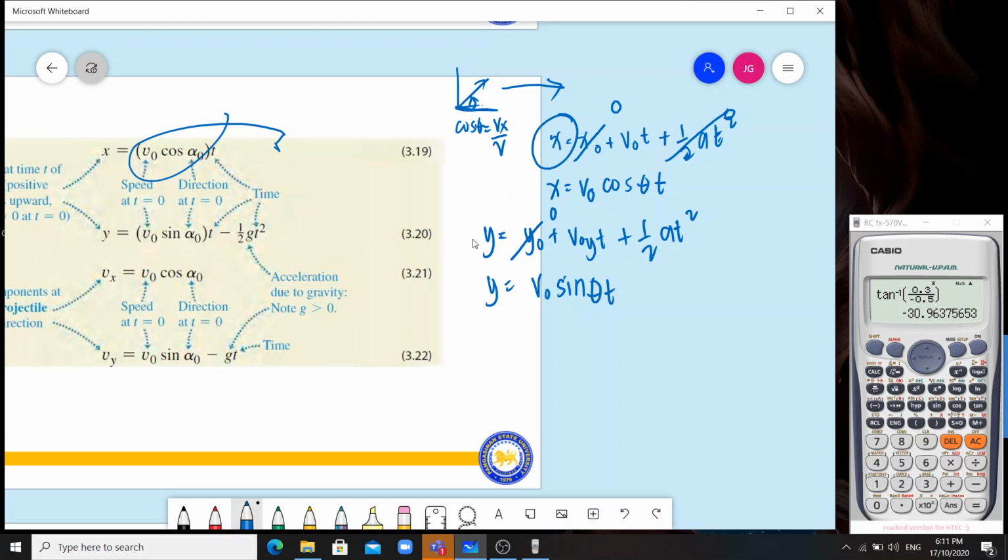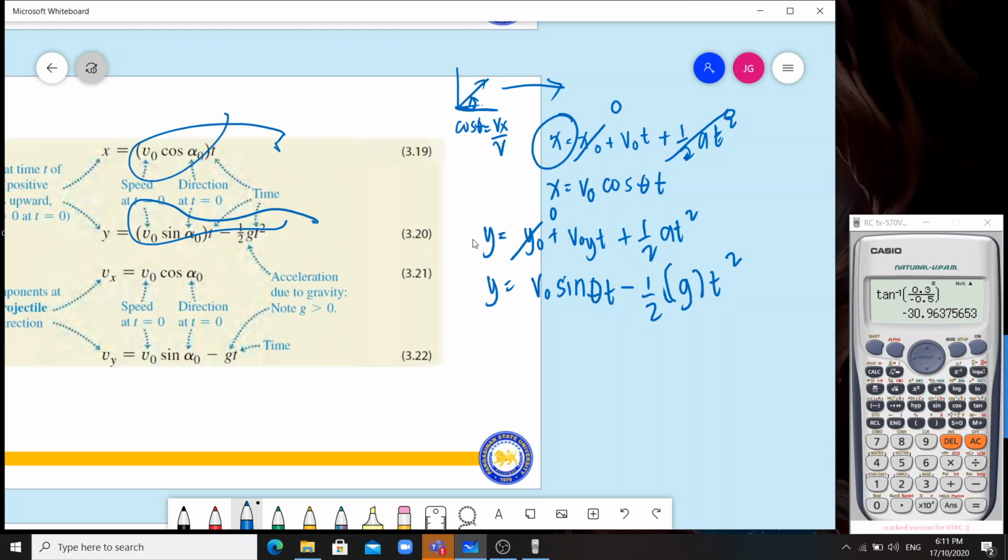And then, acceleration natin, meron, that is the gravity, which is negative 9.8 meter per second squared. Or, safe natin, lagay na lang natin g, kasi baka English, negative 1/2 g t squared. So, dun nanggaling itong formula na to, okay?